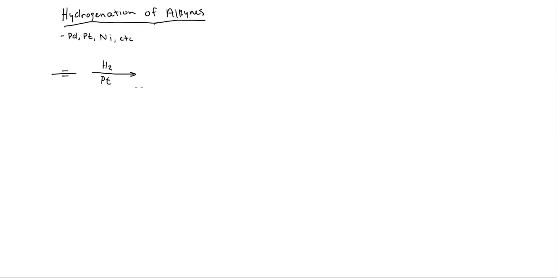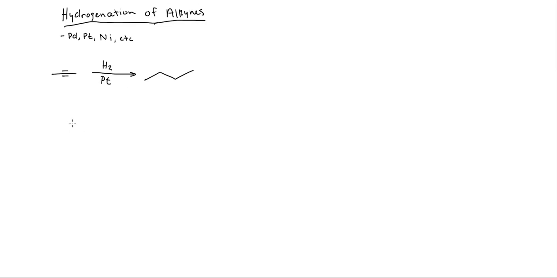We just put hydrogen gas over that, and all that's going to do is get rid of both of the bonds. So this is going to put me at an alkane, sorry, not alkene. It's very difficult to stop just at an alkene, so it's always just going to turn into an alkane whenever I use reactions like this.